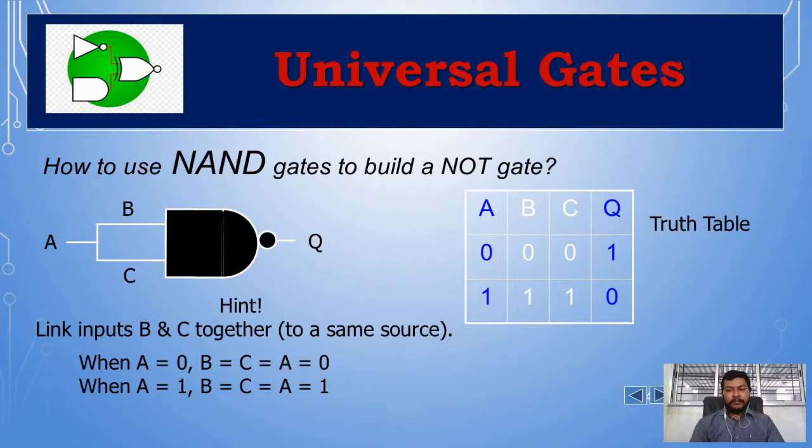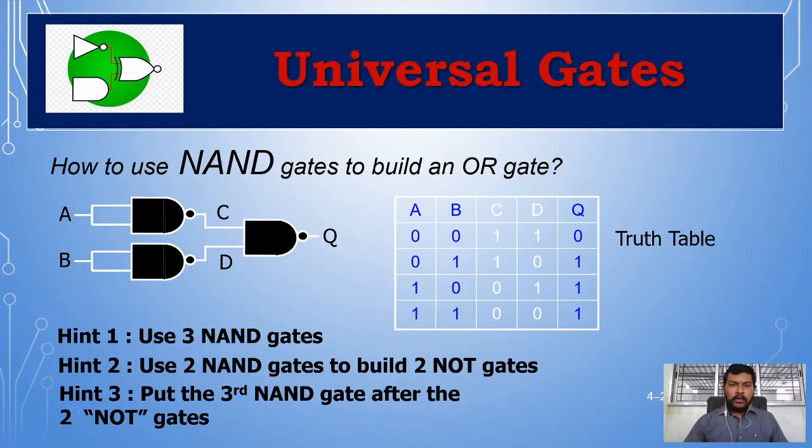So this is how a universal gate can be converted into a NOT gate. We are now trying to understand how to use a NAND gate to build an OR gate. This is a little bit tricky. Earlier we put a NOT gate in front of the NAND gate to get an AND gate. Now we create two NOT gates and give their outputs to the next NAND gate, and we get the OR gate.